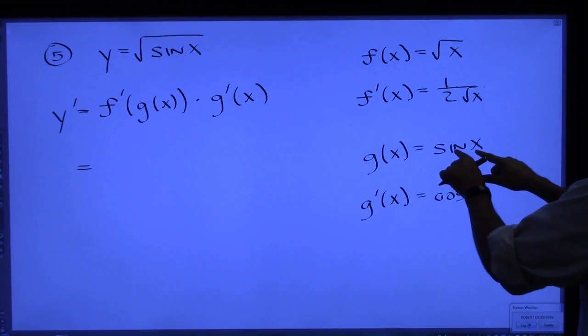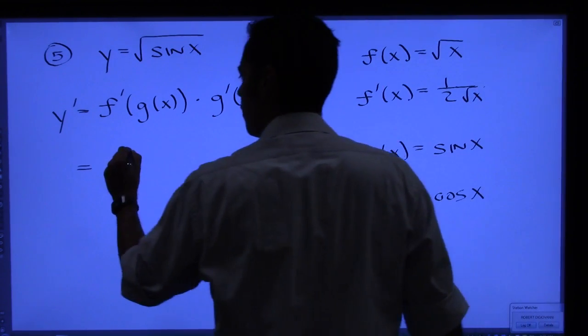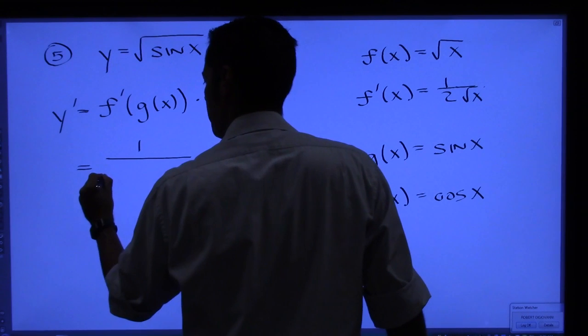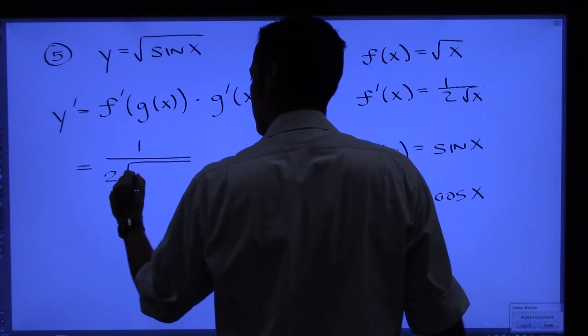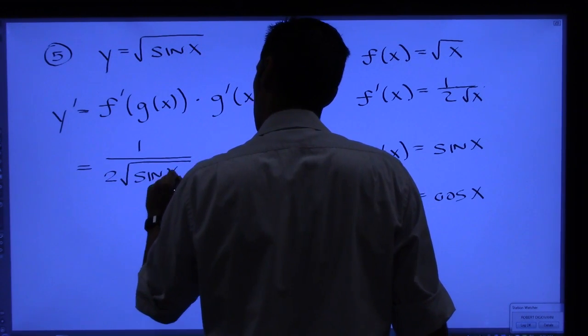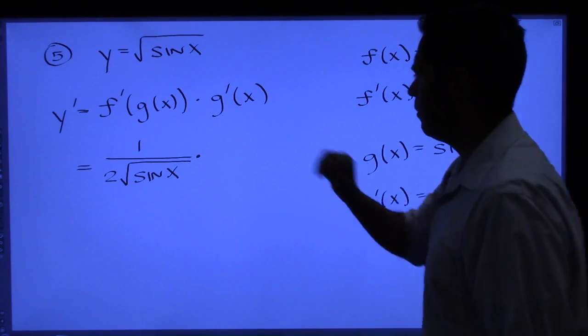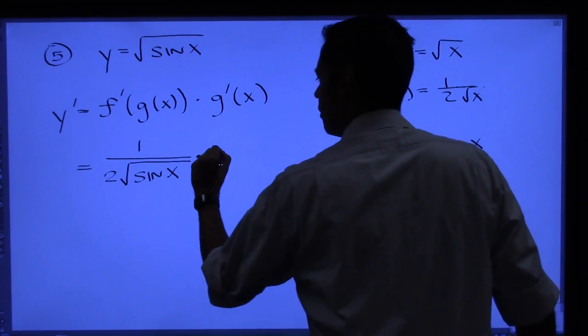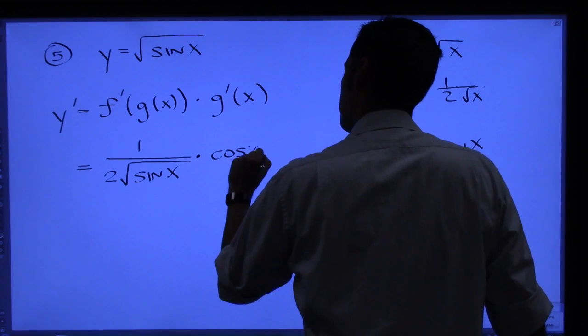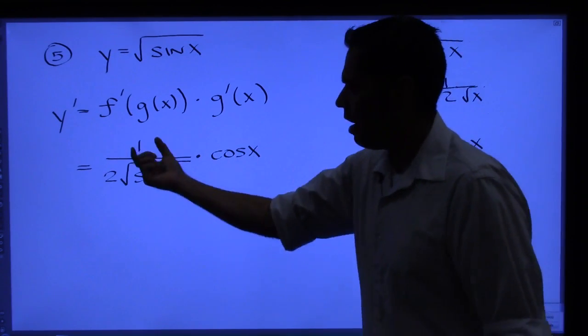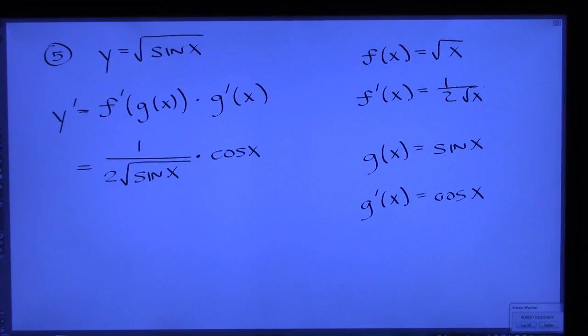So I'm going to take g right here and plug it right in there. So I get 1 over 2 root, but g is sine x, then times the derivative of g, which is cosine x. And you could just slide that on top and be done. That's it.